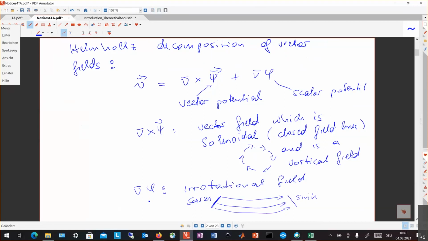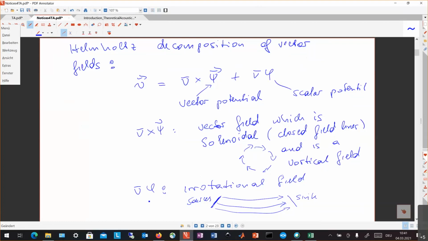Okay, so this is a general decomposition, which is important for us because the acoustic field is a pure scalar field, but the flow field is always a vector field in this sense. So we always need vectors to describe it. The acoustic field can be described by a scalar, which is, for example, the acoustic pressure.